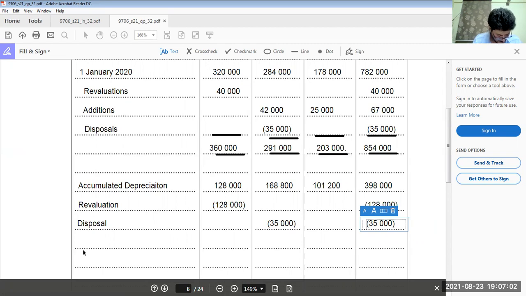This is disposal. And now what we have to do is the additions, or charge for depreciation. Charge for depreciation for the year. Okay? For the year.